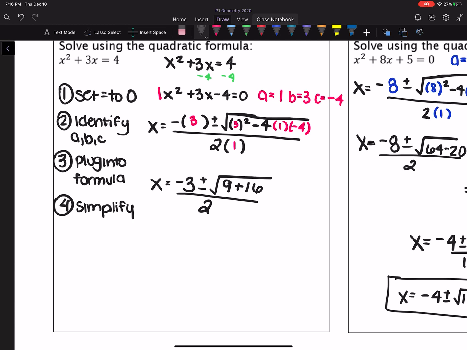I can simplify my radical even more to have negative 3 plus or minus the square root of 25 all over 2, which can be simplified even further to 5. So we end up having our set of solutions being negative 3 plus or minus 5 divided by 2.